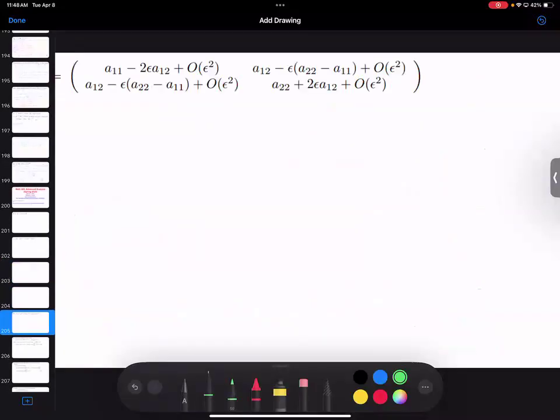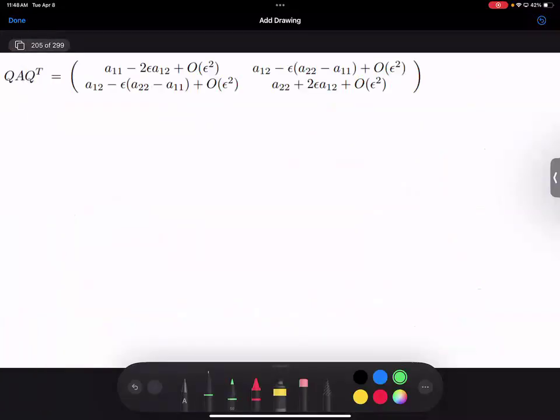All right. So now I'm claiming Q A Q transpose equals the following. How do you think I got this? Just multiplied it out, right? I put an A, so just brute force.